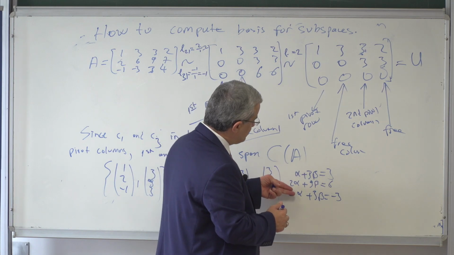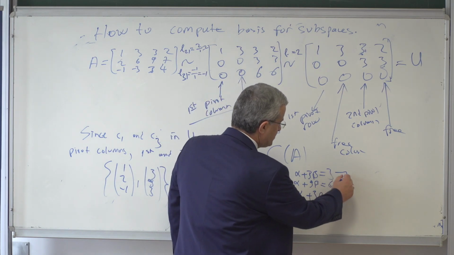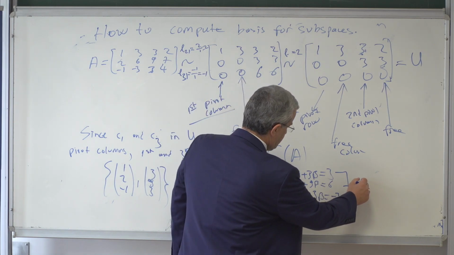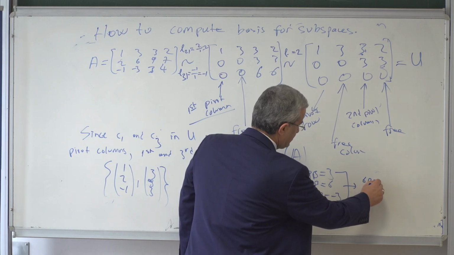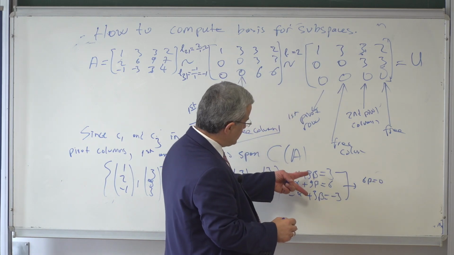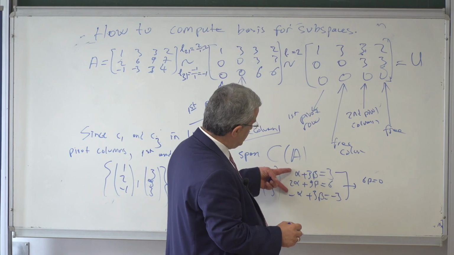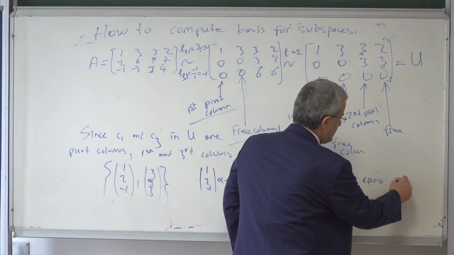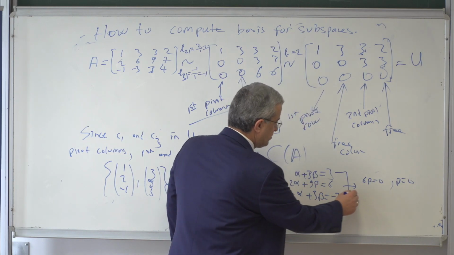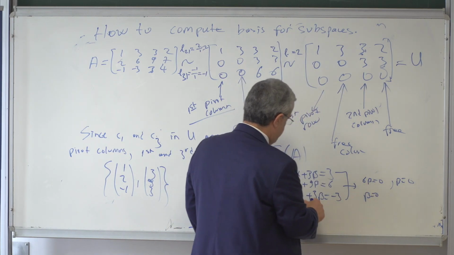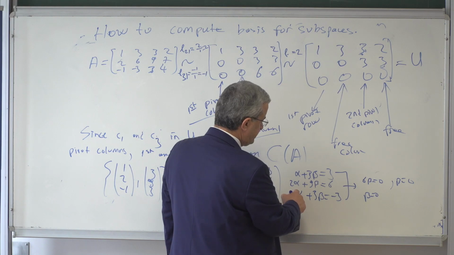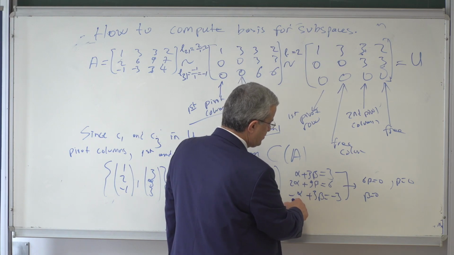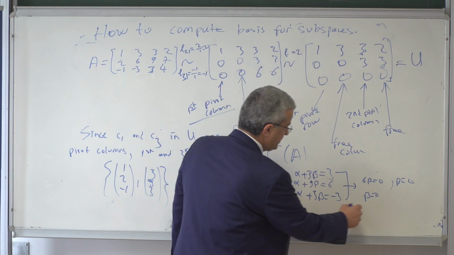So if I add these 2 together, from these 2 I have 6 beta is equal to 0, right? That means beta is 0. If beta is 0, then alpha has to be 3.